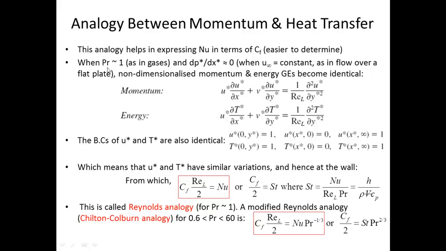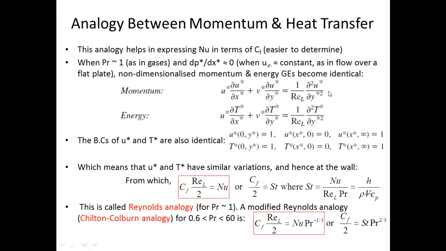For fluids which have got Prandtl number of the order of magnitude of 1, as in the case of most of the gases, and if we have got the pressure gradient vanishing in the x direction, remember that that is the case for a flow over a flat plate with a constant free stream velocity, so the non-dimensionalized momentum and energy governing equations become identical.